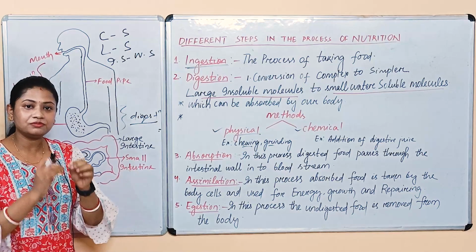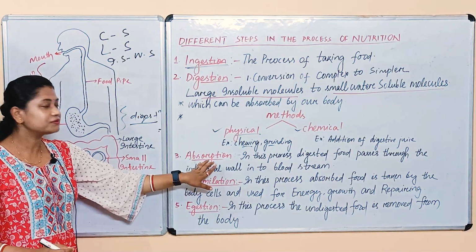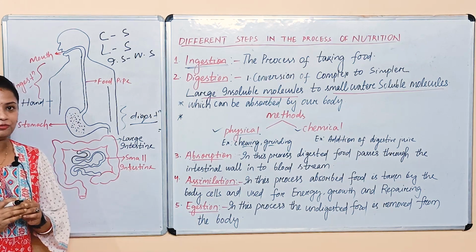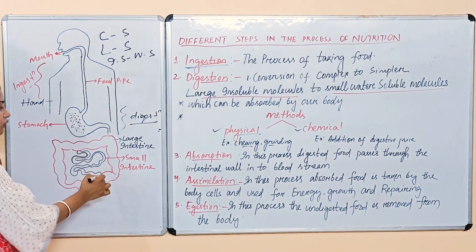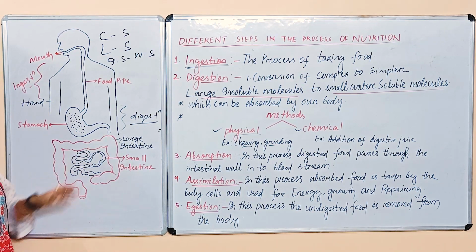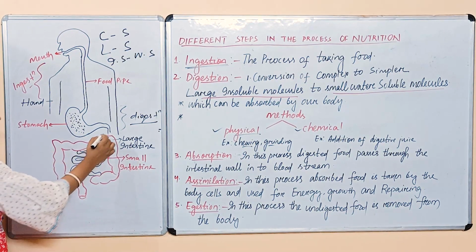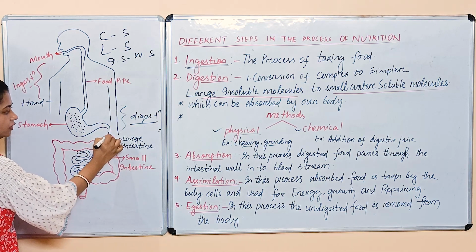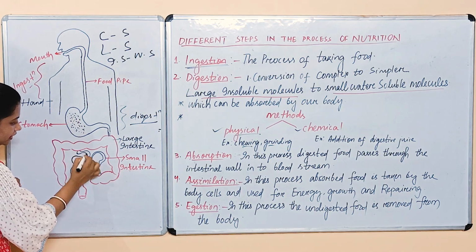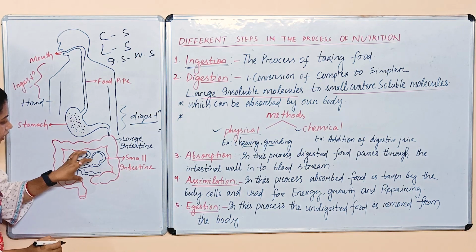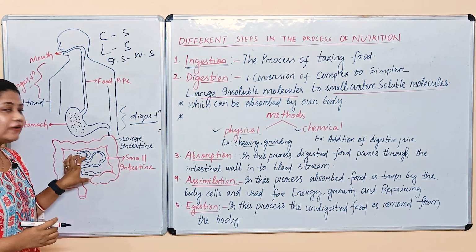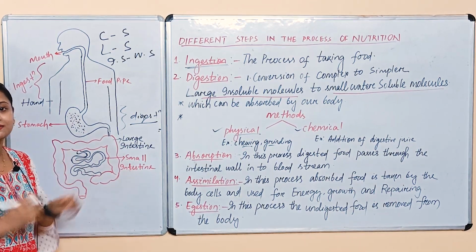We'll come to the absorption process. In the absorption process, the wall of the intestine is very important. Here there are two kinds of intestine. First is the small intestine and the second is the large intestine. The semi-digested food comes to the small intestine, and the wall of the small intestine absorbs the liquid present in the semi-digested food.